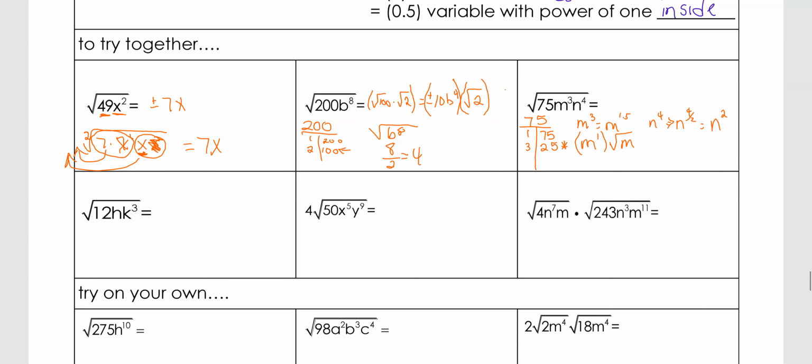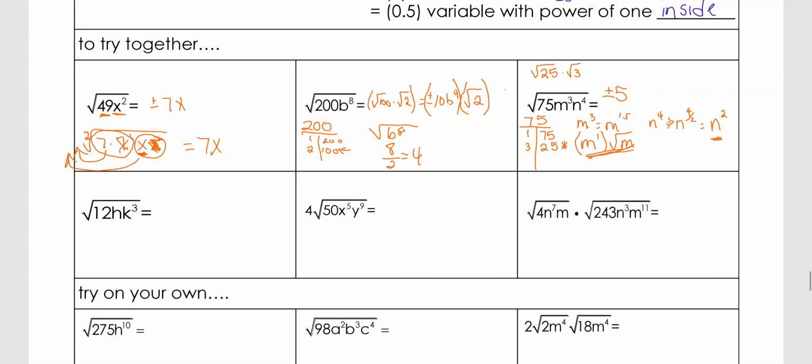All right, so we're going to break down our 75. So 75 is the square root of 25 times the square root of 3. So the square root of 25 is plus or minus 5. And then we want our variables to come in before we write our square root.